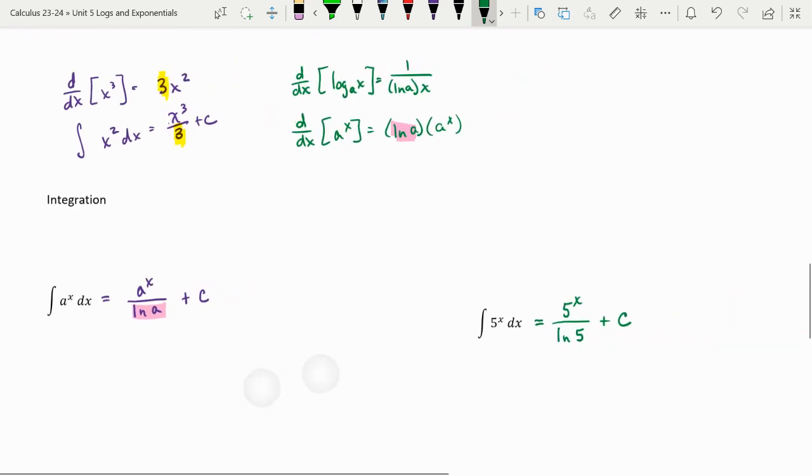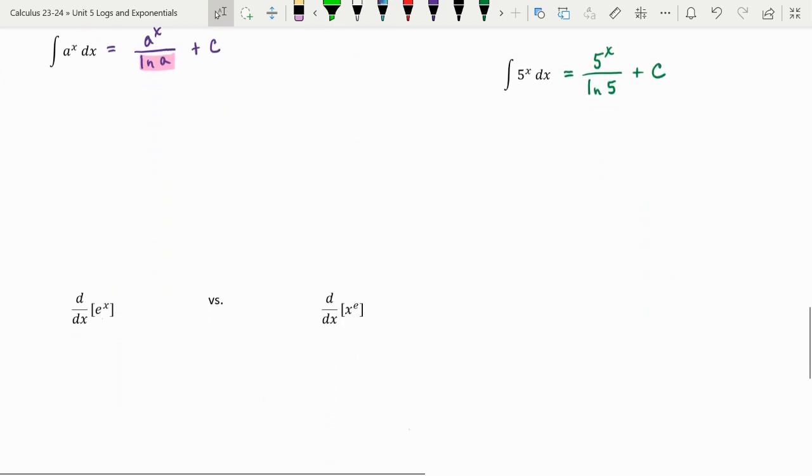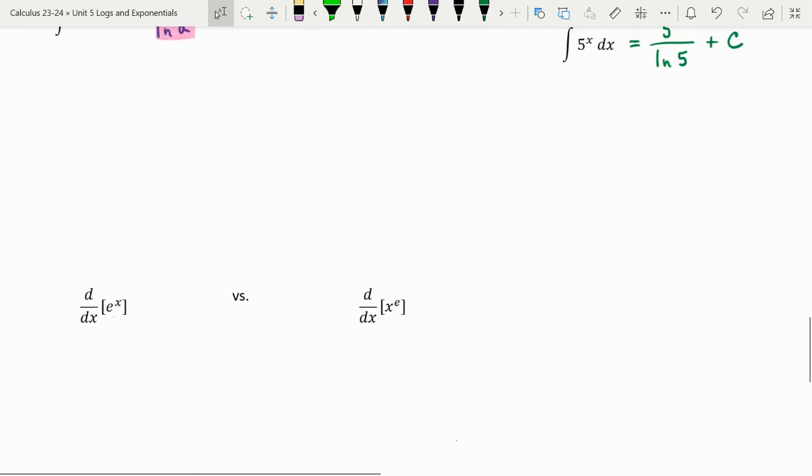Now, when we get into exponentials, here's where people start getting confused and maybe make a couple mistakes, because what's the base and what's the exponent matters. So here, the derivative of e to the x is just e to the x.